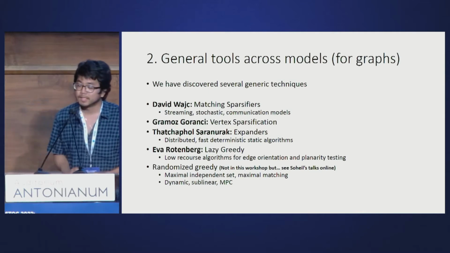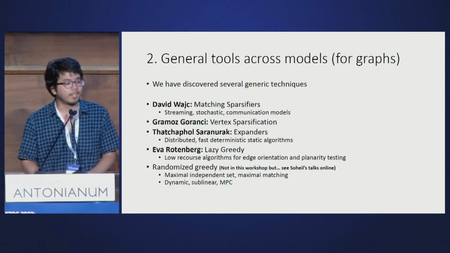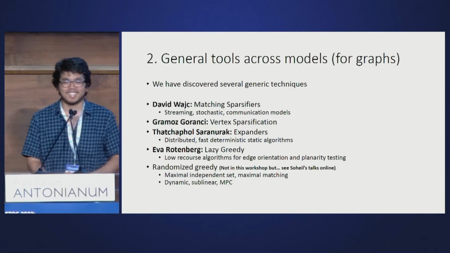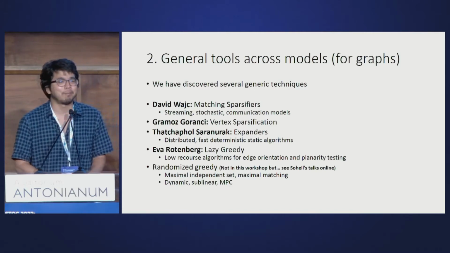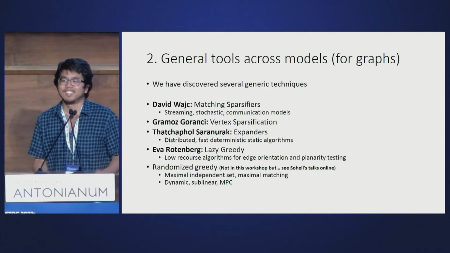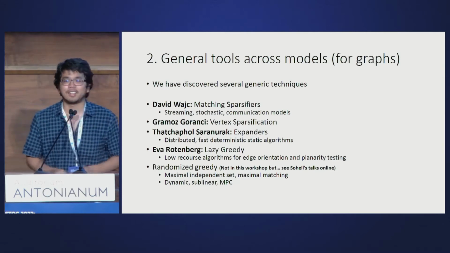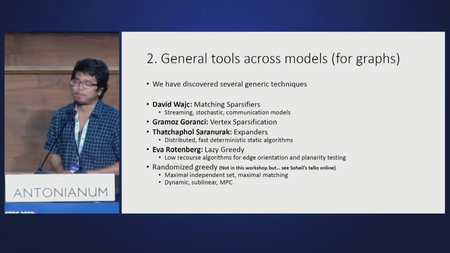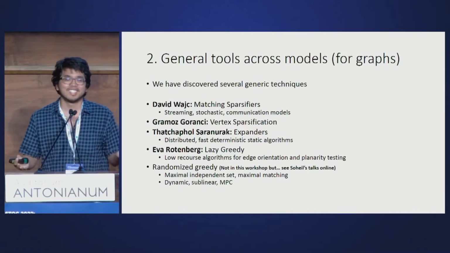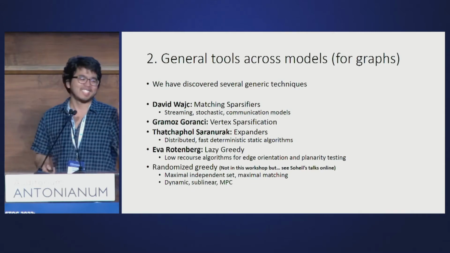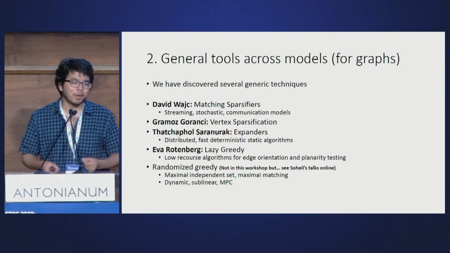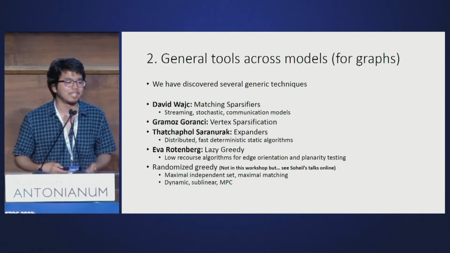Yeah. And okay, next is Eva Rotenberg. She is going to talk about some techniques called lazy greedy. These are techniques that allow you to get dynamic algorithms with small recourse. And you will see in her talk that these techniques turn out to be quite generic, and there is something nice about it.